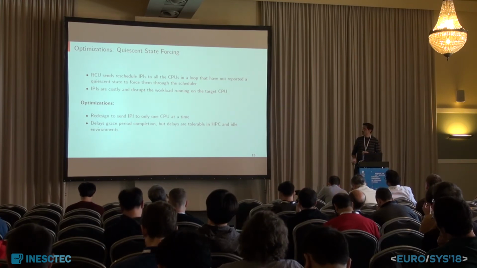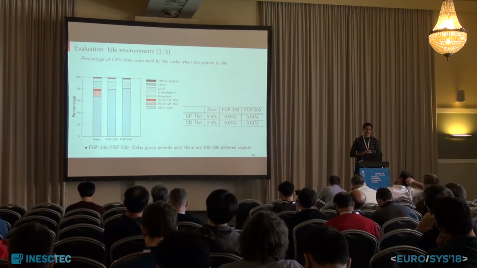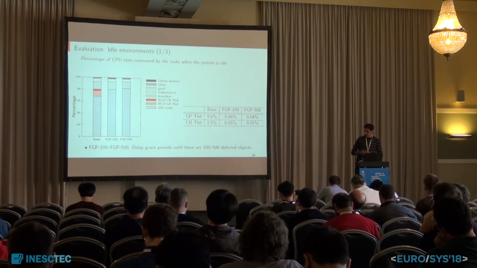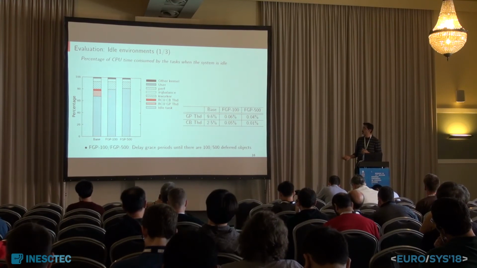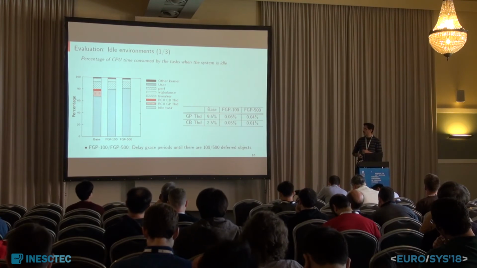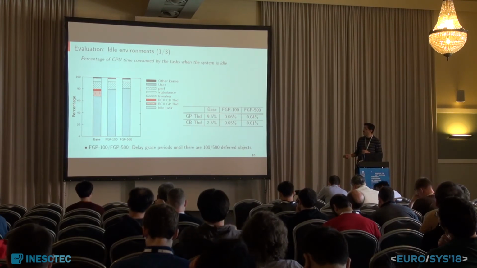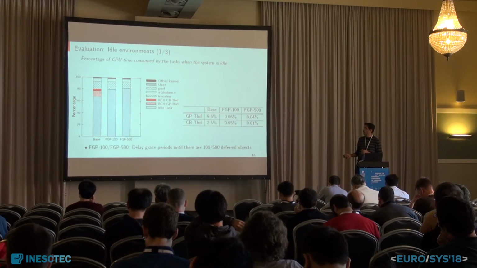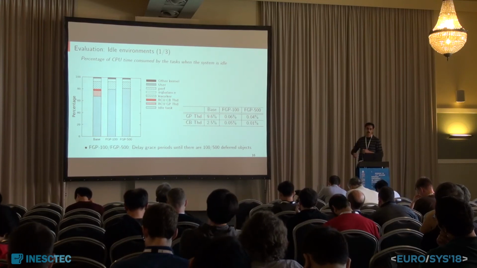With these optimizations, let's see the evaluation for the idle environments first. This chart provides the percentage of CPU cycles consumed by tasks when the system is idle. You can see that the RCU grace period kernel thread is consuming around 9.6% of the total CPU time when the entire system is idle.